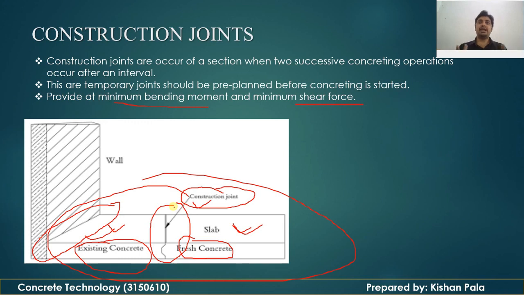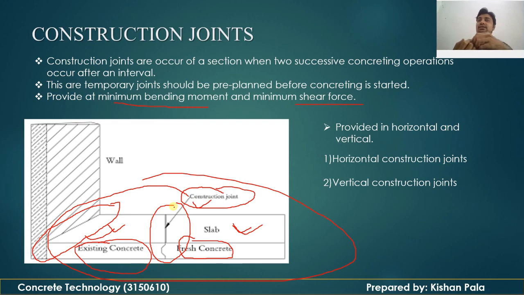So you cannot provide the joint at maximum shear force or maximum bending moment. You have to plan out and pre-plan the construction joint at the minimum bending moment and the minimum shear force.